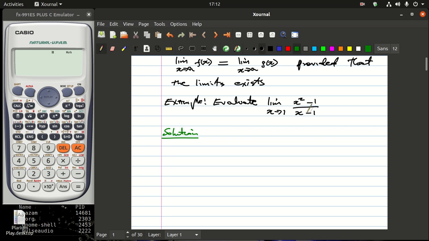When I have a 0 over 0, there are 4 ways, but we only have done 2. The first one is factorize. The second one is rationalize. Here we can factorize. There is no need for rationalization.